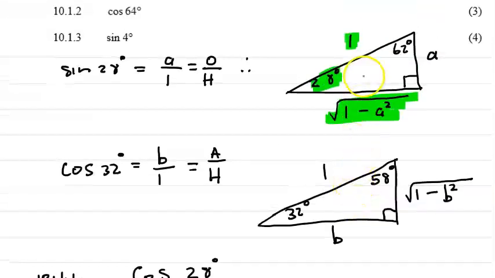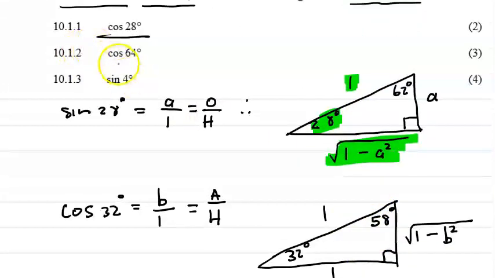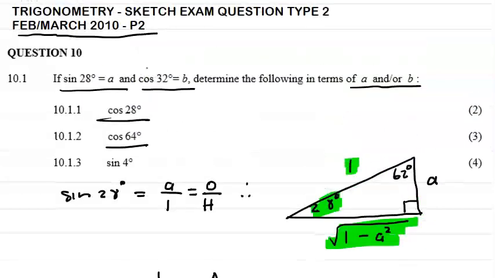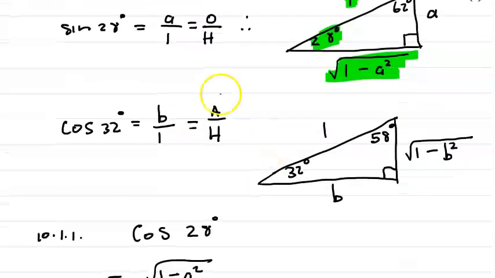Don't forget to show all the working and draw these diagrams in your solution. That's very important. Cos of 64 degrees. Let's go look at 64 degrees. How can we get 64 degrees in terms of the angles that we have?